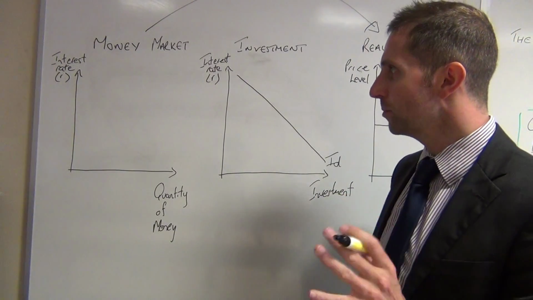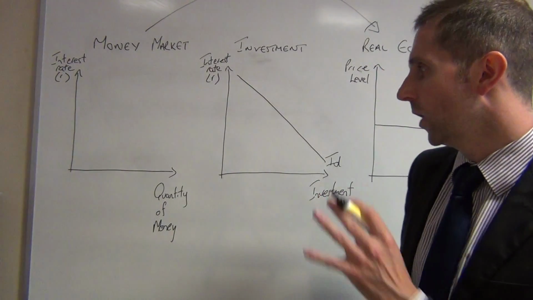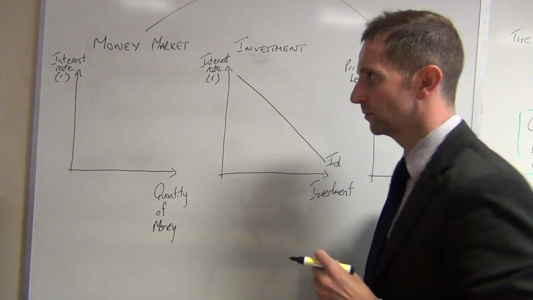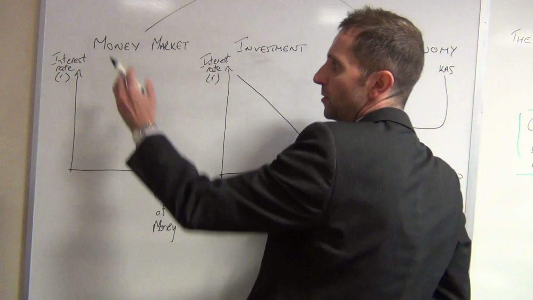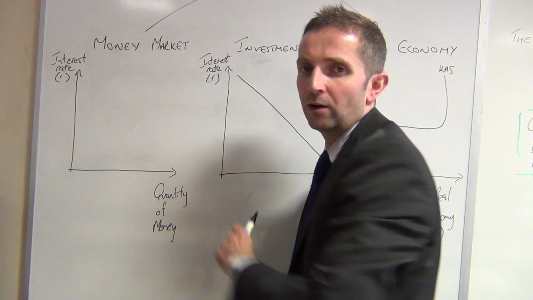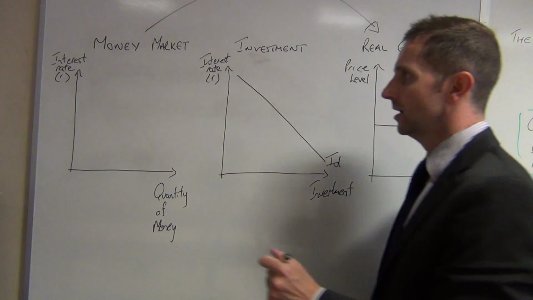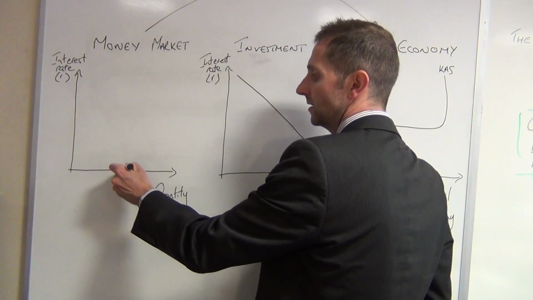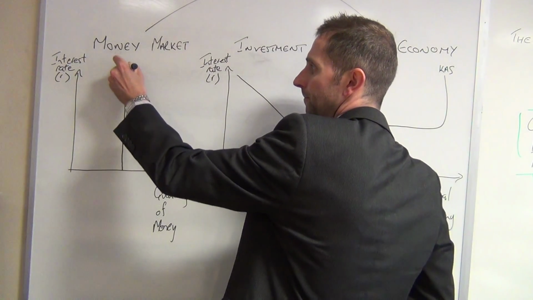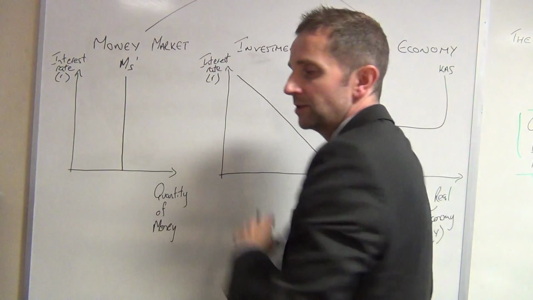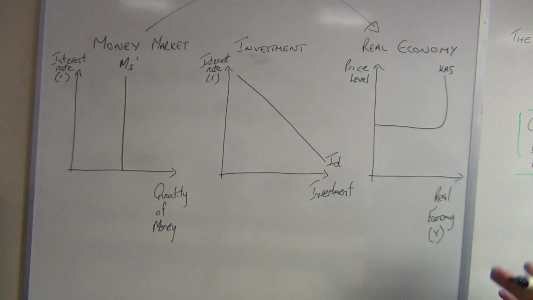And as I say, I'm going to come back to these and explain how we get the diagrams and where they all come from. So the money market diagram, first of all, we've got interest rate on the y-axis, quantity of money on the x-axis, and to this I'm going to add the money supply. Note it's perfectly inelastic, and the reasons for that I shall explain later.